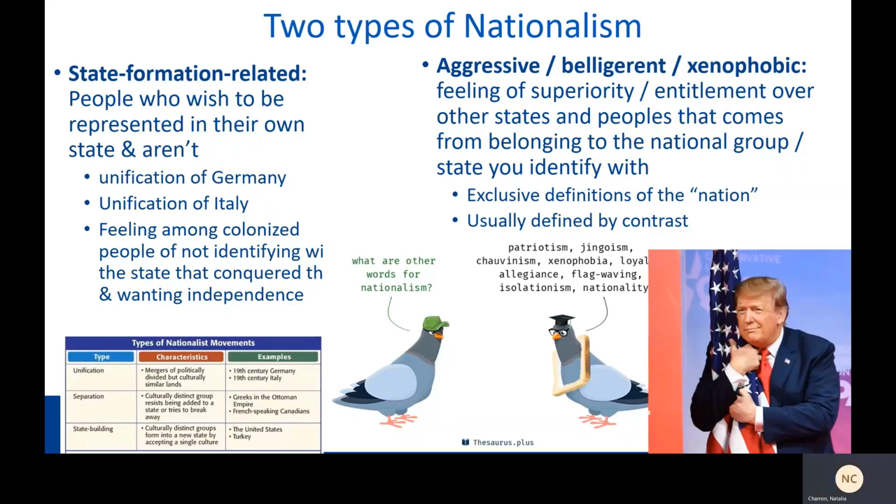We could also see this in terms of religion, especially in the post-classical period. And then in the early modern period, we saw increasingly a distinction in terms of race, right? So nationalism is another iteration of this tendency of groups to define themselves exclusively and as better than others.